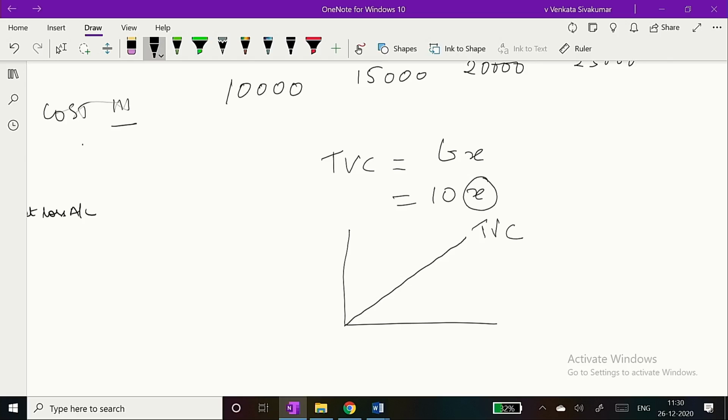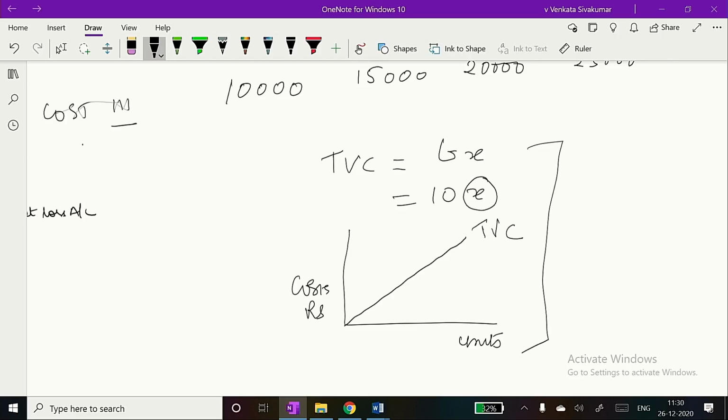This is X, this is units. This is costs in rupees. Production in units. This is the behavior of variable cost. Mx plus C is the straight line. So, variable overheads behave like this.